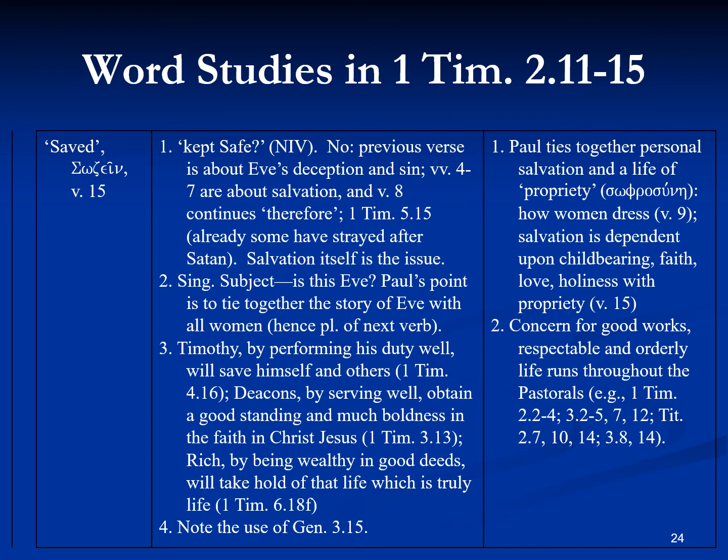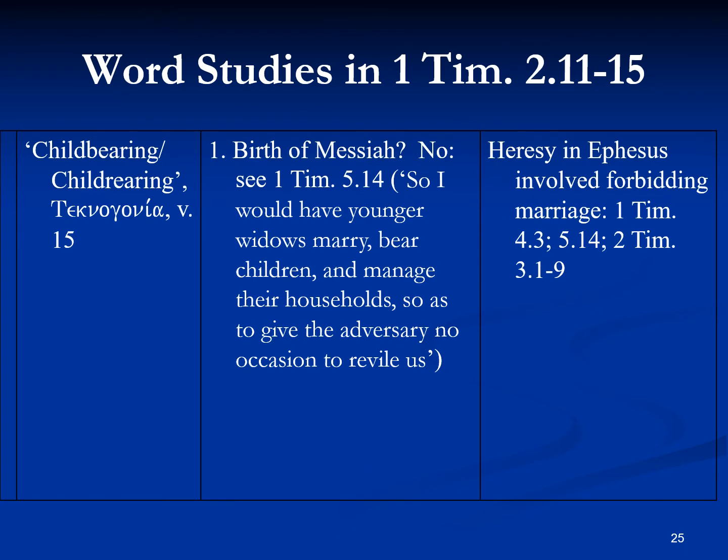And then the concern for good works and a respectable, orderly life runs throughout the pastoral epistles. 1 Timothy and Titus in these verses noted here. 2 Timothy is also concerned about the life of the congregation and also of Timothy himself.